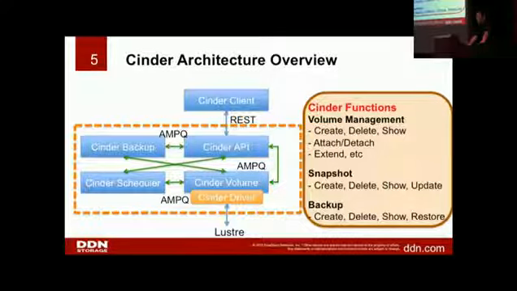The Cinder scheduler does the scheduling based on the latest state, such as the volume size, utilization, and availability. Then the Cinder scheduler generates the candidate job and dispatches each job to the Cinder volume.